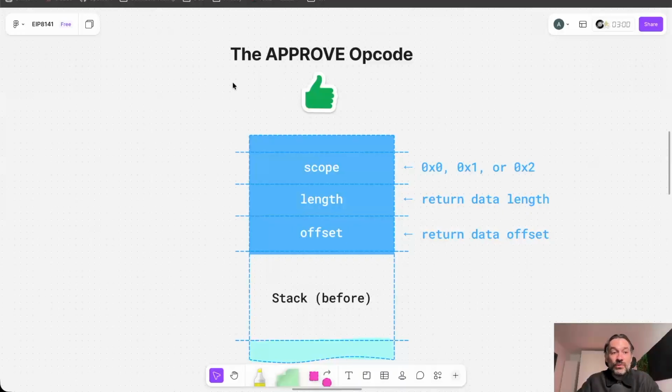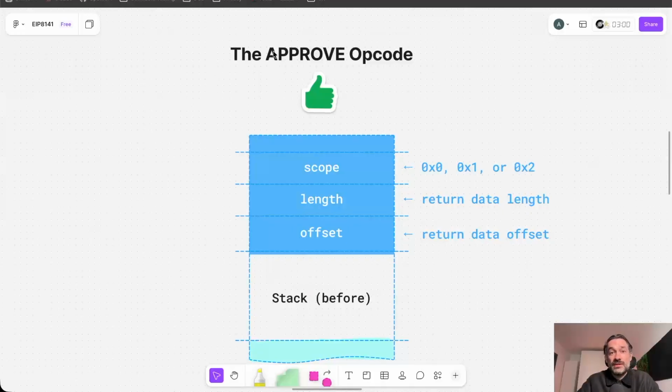If we look at the stack before, we can see that we have a scope field that can allocate three different kinds of values, but it's not modes. Then length returns the data length, and offset returns the data offset. So it behaves like the return opcode.